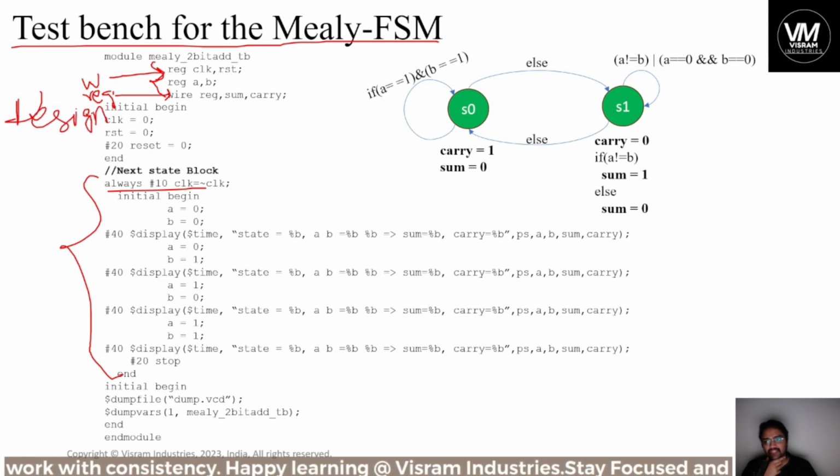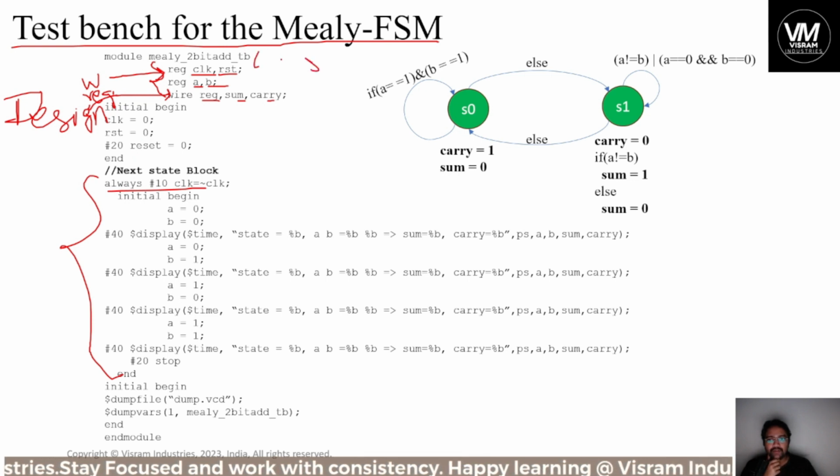You have seen the test bench representation in the previous classes, so I'm just reminding you. So wire and reg, sum and carry: wire is nothing but register here in the test bench. Clock, reset, and A and B are registers. We don't need to declare input and outputs here. No need of that in the test bench.